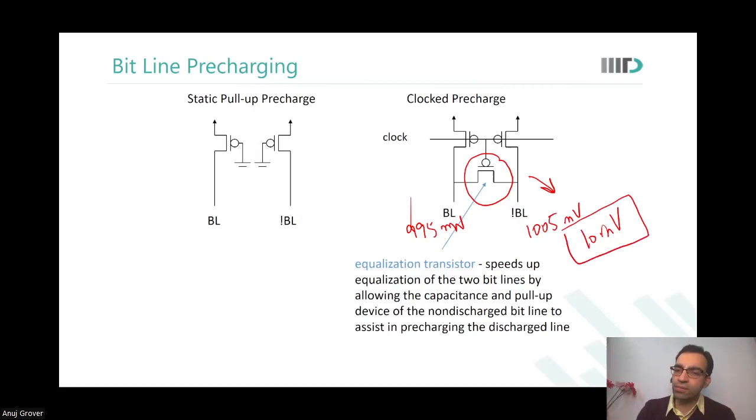Are you able to see this? Can you repeat again, sir? So if I do not have an equalizer, if I do not put this transistor there, can it happen that bitline would go to 995 millivolts and bitline bar to 1005 millivolts? Can it happen?